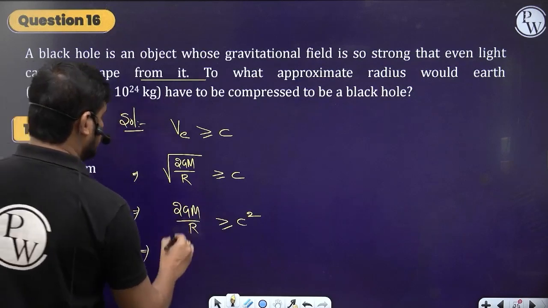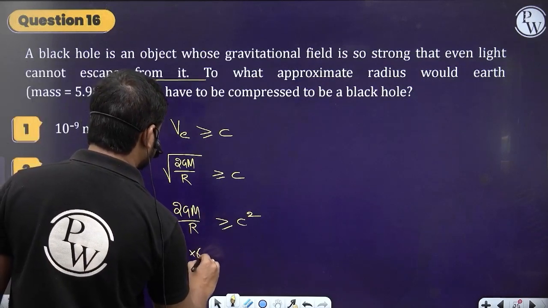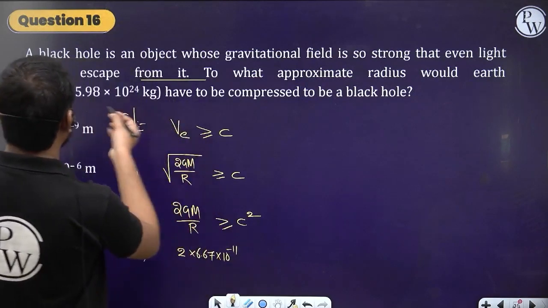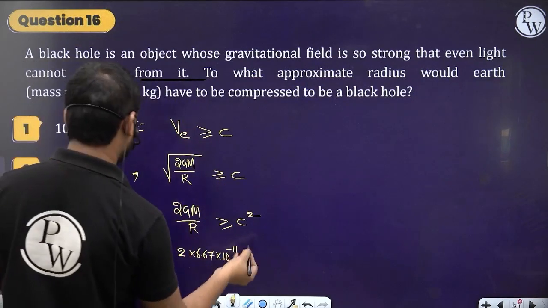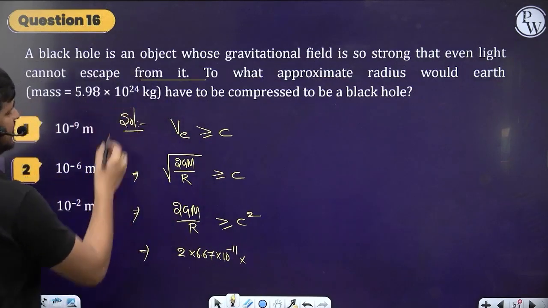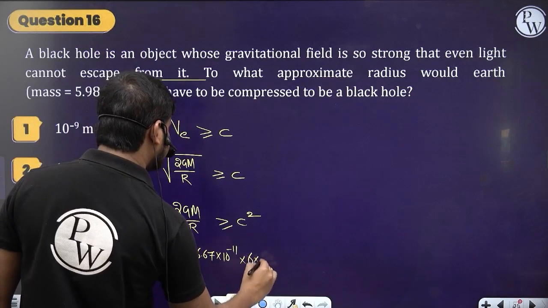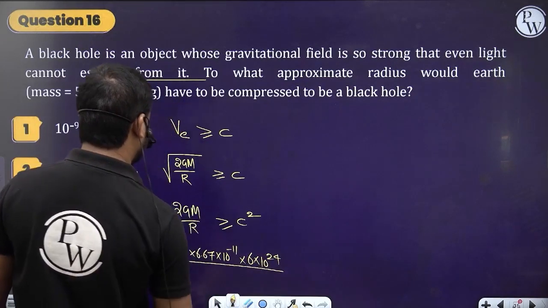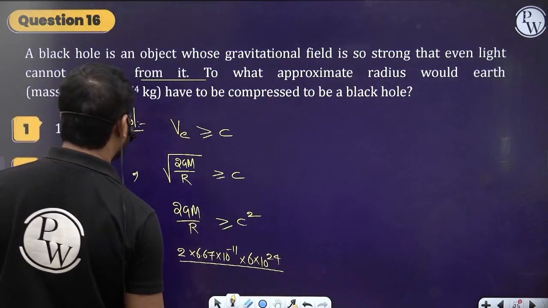So now 2 into G, whose value is 6.67 into 10 to the power minus 11. They already gave it in the question, so we know that value. And the mass of the Earth they gave is 5.98 into 10 to the power 24, which I am taking approximately as 6 into 10 to the power 24, by r. What is r?